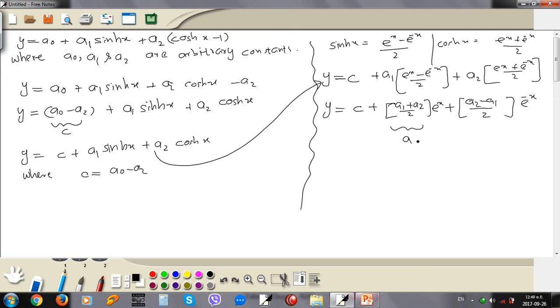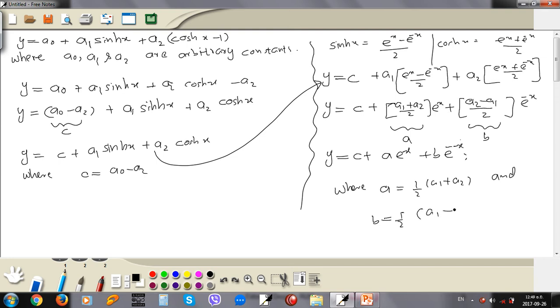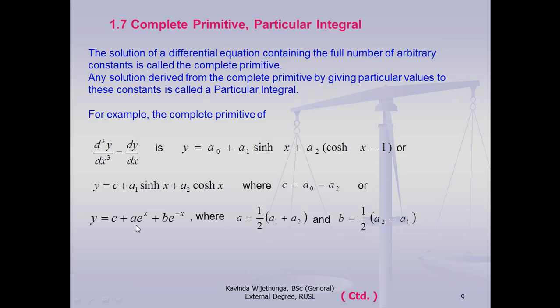I am introducing another constants a and b. So then we can write y equals c plus a times e to the x plus b times e to the power minus x, where a equals half of a1 plus a2 and b equals half of a2 minus a1. That's how this is created.